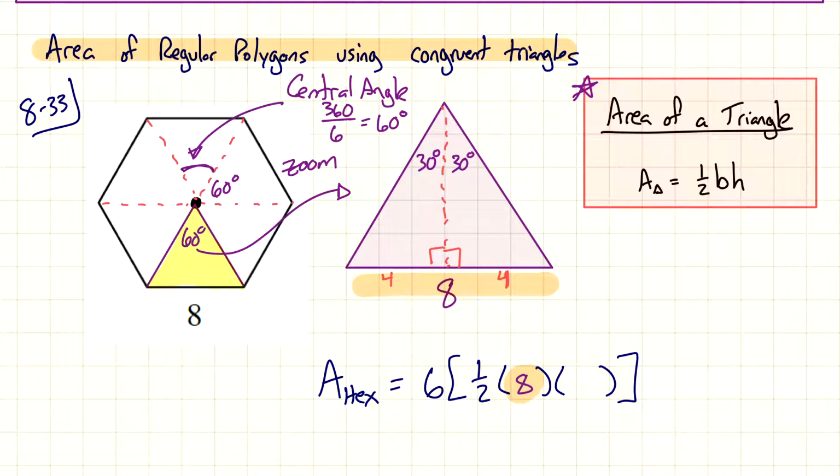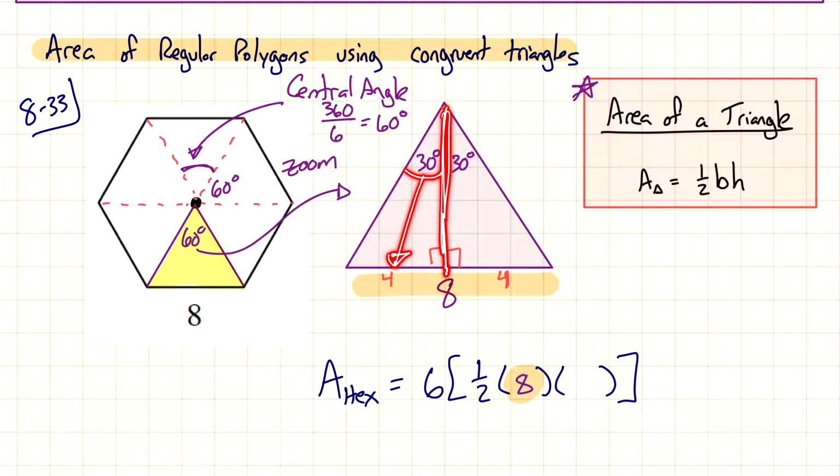Now, if you haven't seen it already, that pretty much means we have created a 30, 60, 90 triangle. So now we could use our special right triangle tool to solve for our height. If this is 30 and the short leg is 4, then what does the long leg equal?